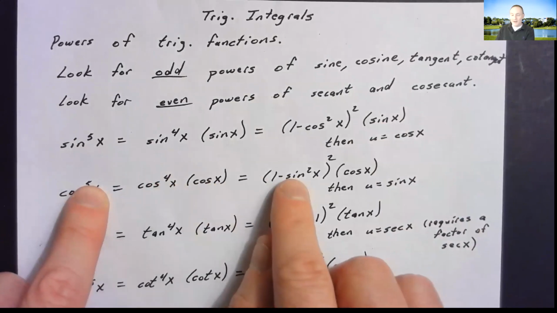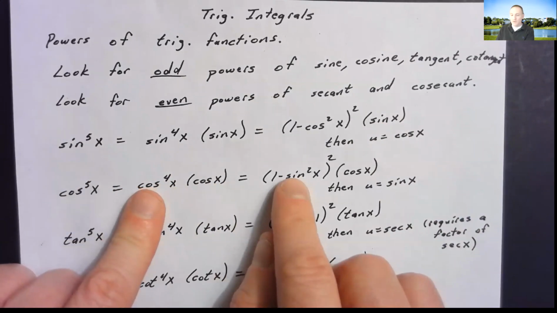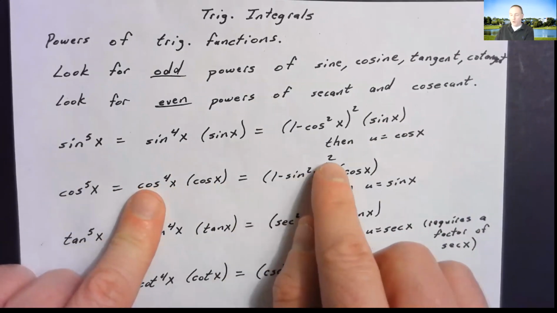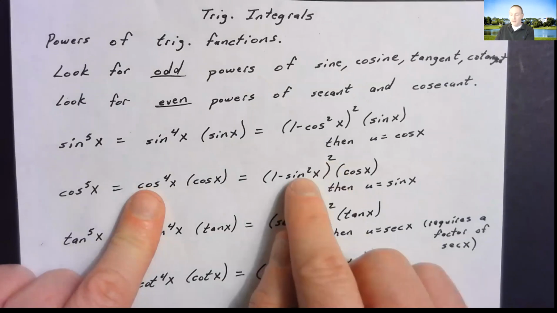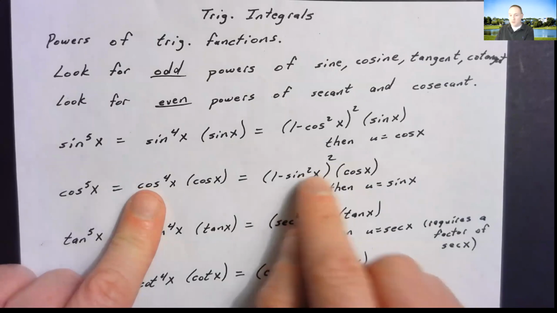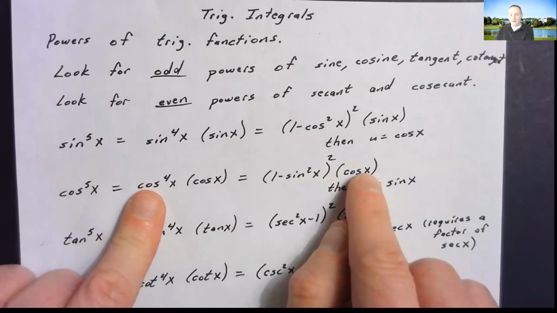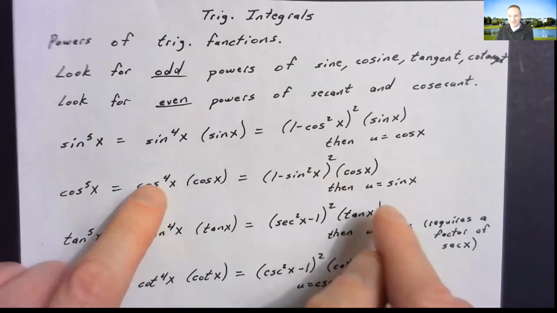I know that 1 minus sine squared is cosine squared, so cosine to the fourth is 1 minus sine squared quantity squared. Once I do that, this problem would be set up for substitution because I could say, let u equal the sine of x. And we know that du would be the cosine of x dx. It would work out beautifully.